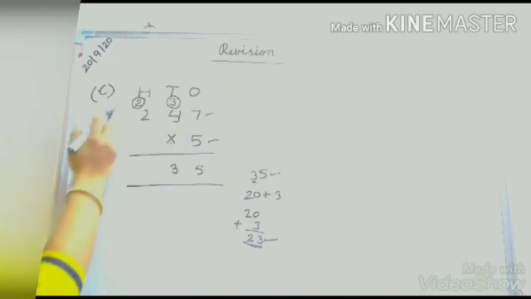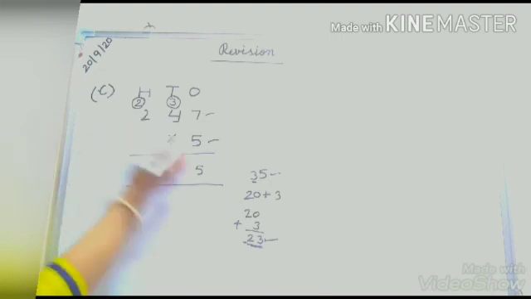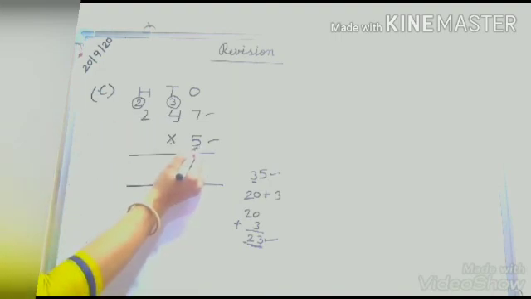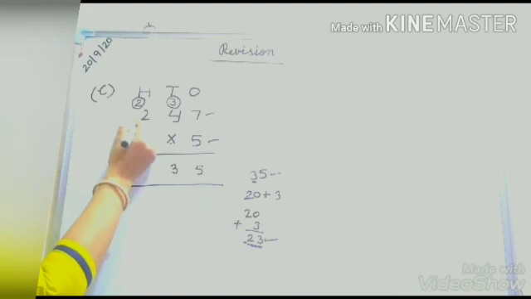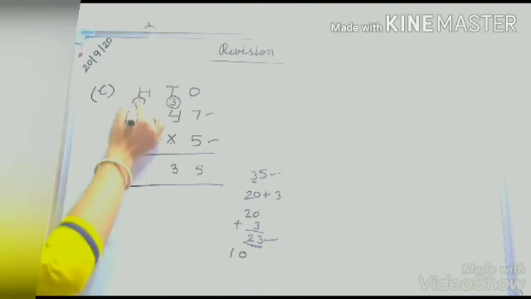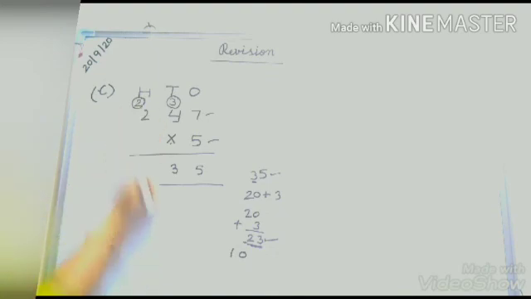Now we come to the hundreds place digit. We see only the factor. Factor is 2. So we say table of 5, how many times? 2 times. 5 twos are 10. Okay. Now what we will do? We have 2 as carry over number here. So we will add 2 with 10.